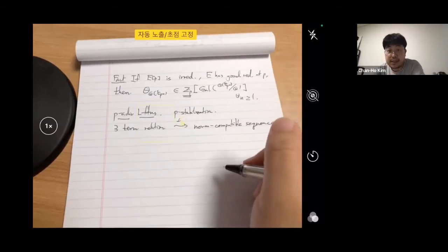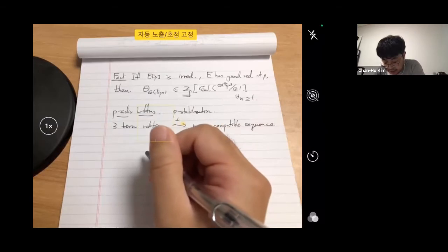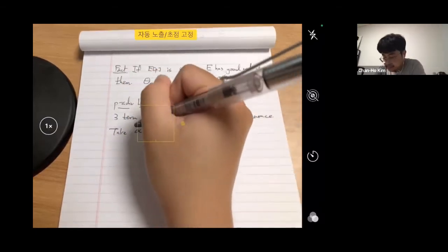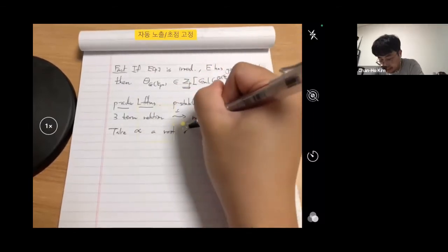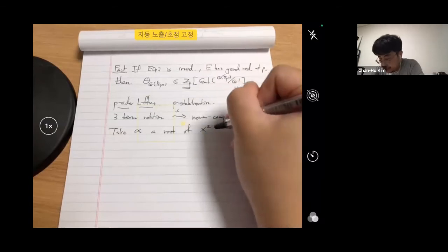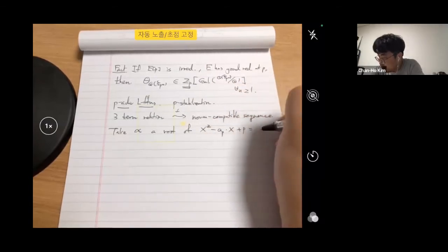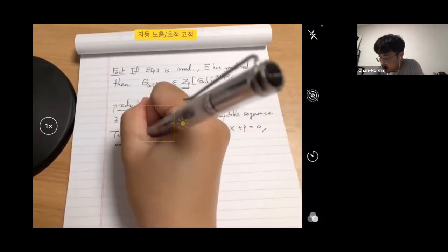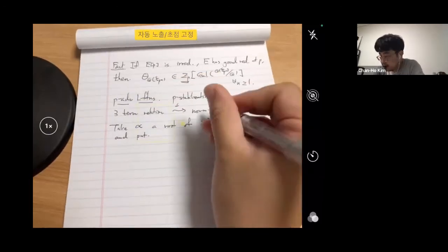In order to do this, we take a root of the Hecke polynomial. Take alpha, a root of x squared minus a_p x plus p, and consider the following element.